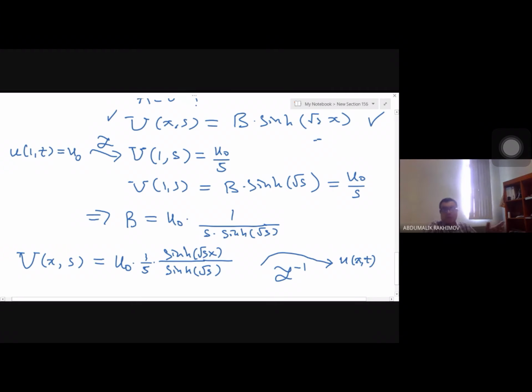What is the inverse transformation? We have many formulas. In the previous class, I gave you 36 formulas. Today, more formulas. You try to find from the right side something like this: 1 over s times sine hyperbolic over sine hyperbolic, and then you look at the left side and find the u. If you see these formulas and the formulas in the previous class, you will not find something like this.